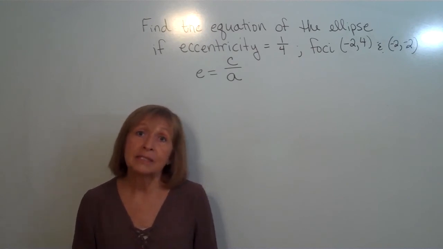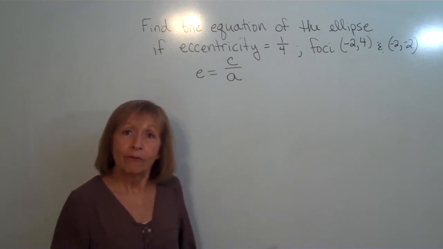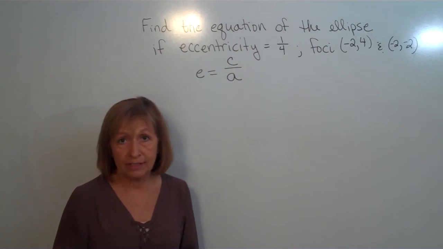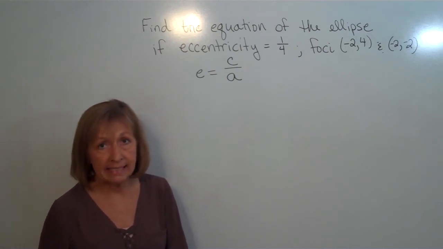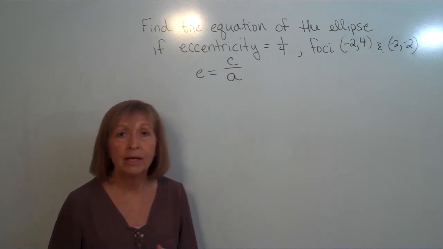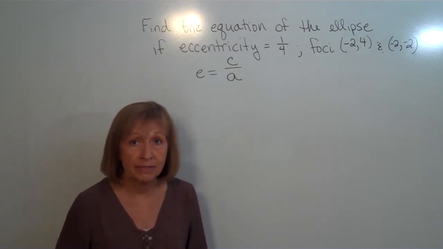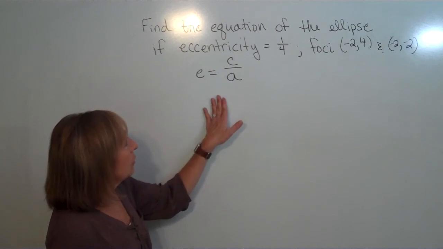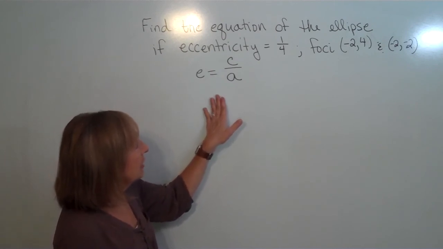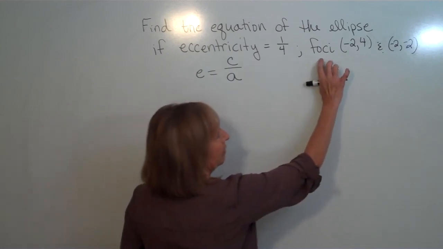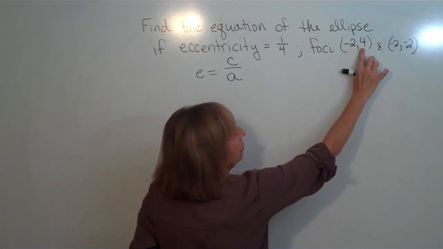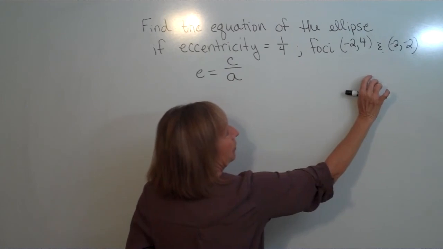So what I need to do is take that fraction they give me for the eccentricity and then look at whether I have the c value or the a value and go through and solve for the other missing one. So right now I have that my eccentricity is 1/4, and the foci are at (-2, 4) and (-2, -2).